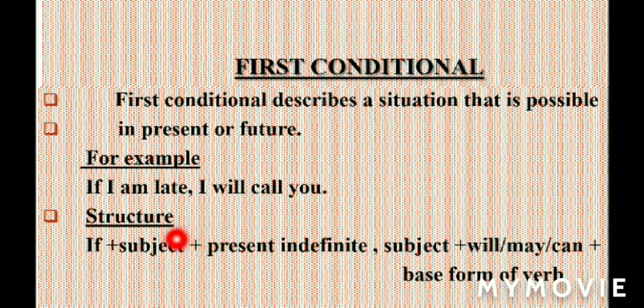Then the structure of the main clause: subject plus will or may or can plus base form of the verb. We use modal verbs will, may and can in the first conditional.